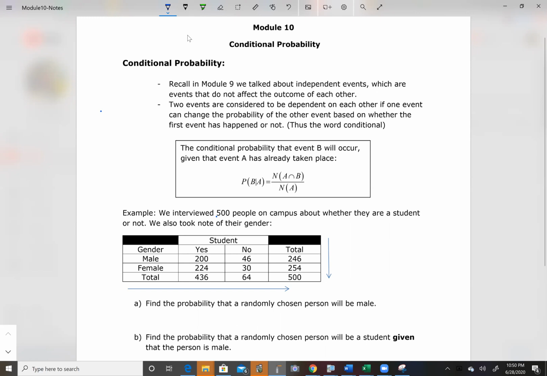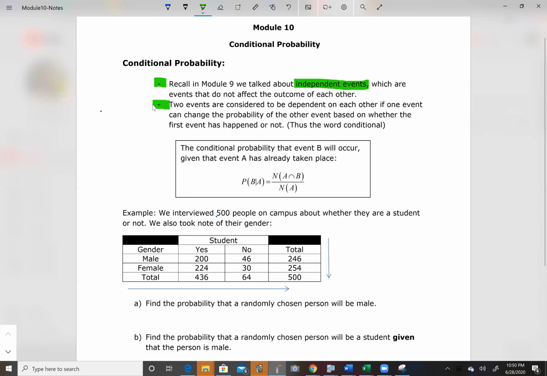Okay, so let's read what it says here. First, recall in module 9, we talked about independent events, which are events that do not affect the outcome of each other, like flipping a coin. And two events are considered to be dependent on each other if one event can change the probability of the other event based on whether the first event has happened or not.